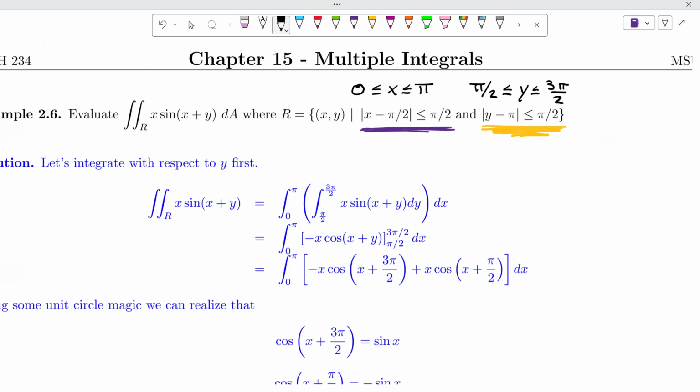Or maybe I'm looking down and looking up since this is the y value. Y typically runs up and down in 2-space with x running left and right. But I digress. Cool. So my x bounds are between 0 and pi, my y bounds between pi over 2 and 3 pi over 2. So I see those show up here and here for x and pi over 2 and 3 pi over 2 for y. So that was my first step, just figuring out the bounds that I want.